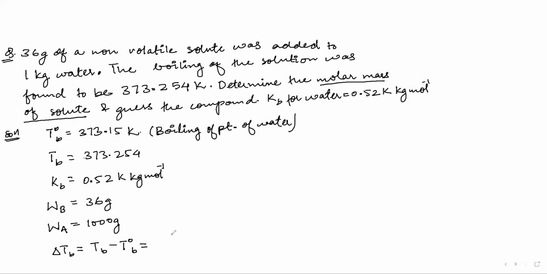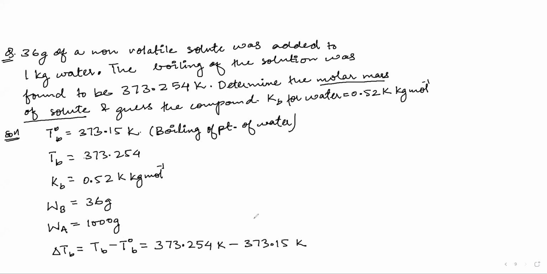Sanya, did you calculate TB minus T naught B, delta TB? Guys, you have to be fast. Sanya, what is TB? 373.254 Kelvin minus 373.15 Kelvin.